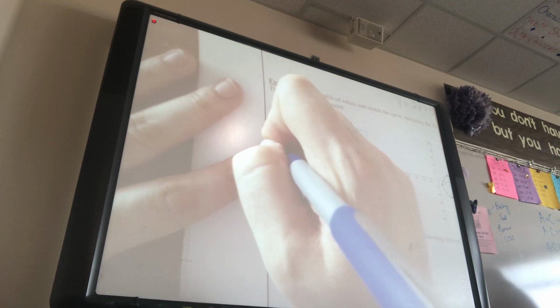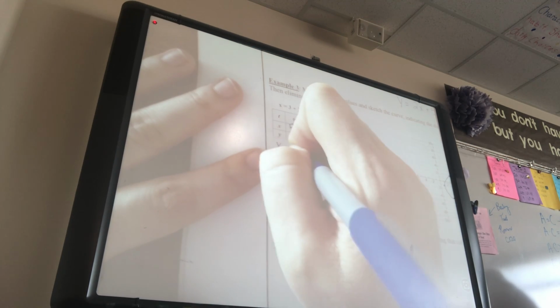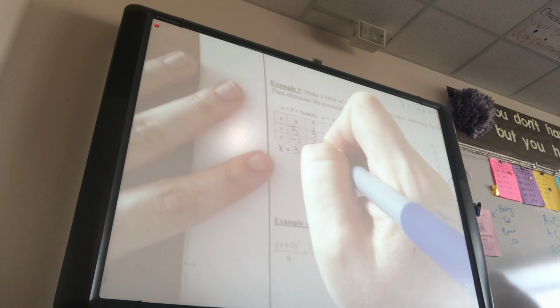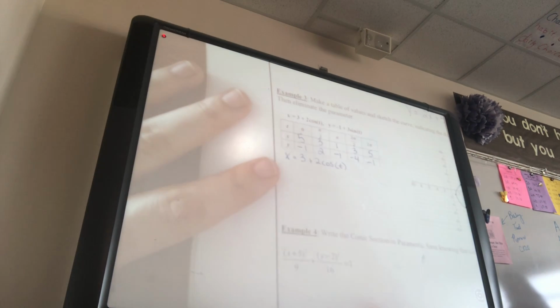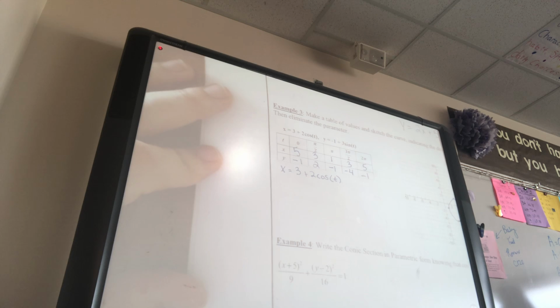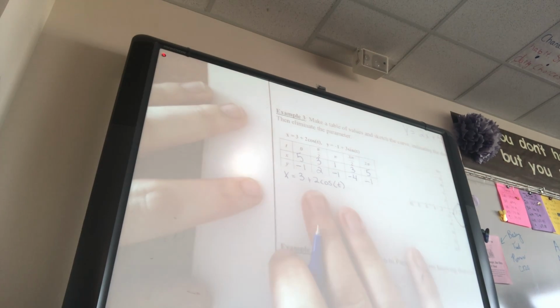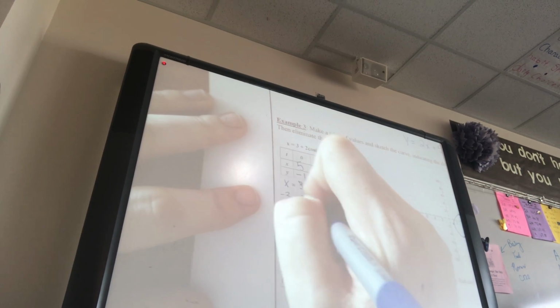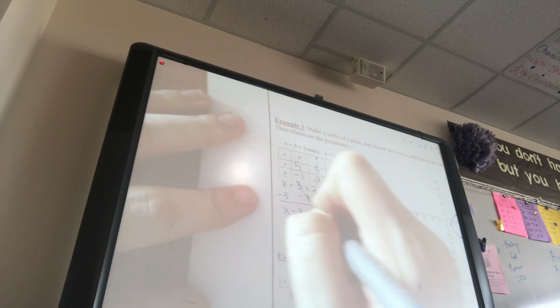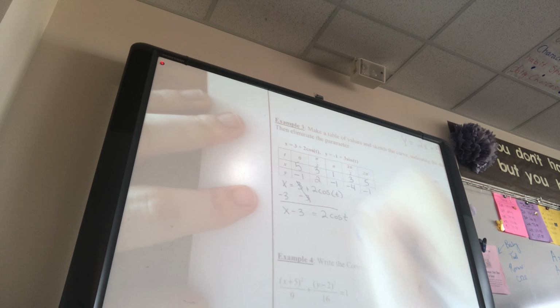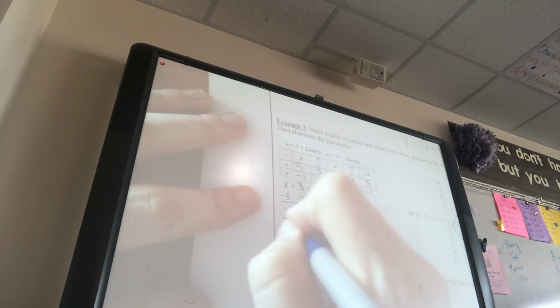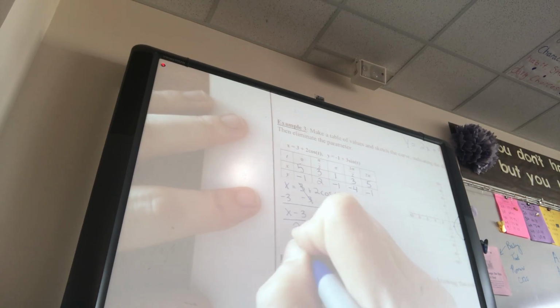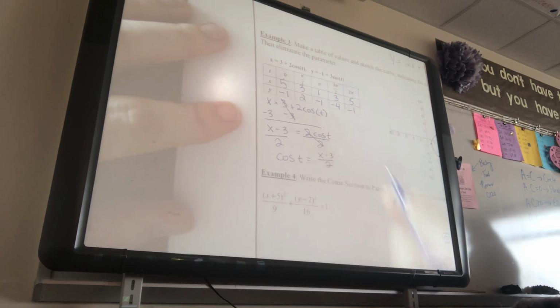So I'm going to take x equals 3 plus 2 cosine t. What would I do to solve this guy? Subtract 3. So I have x minus 3 is equal to 2 cosine t. Divide by 2. Cosine t equals x minus 3 over 2.